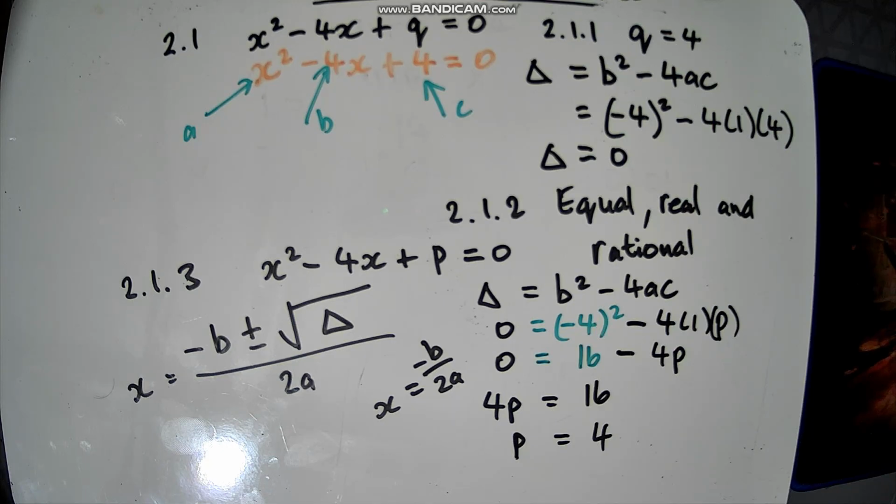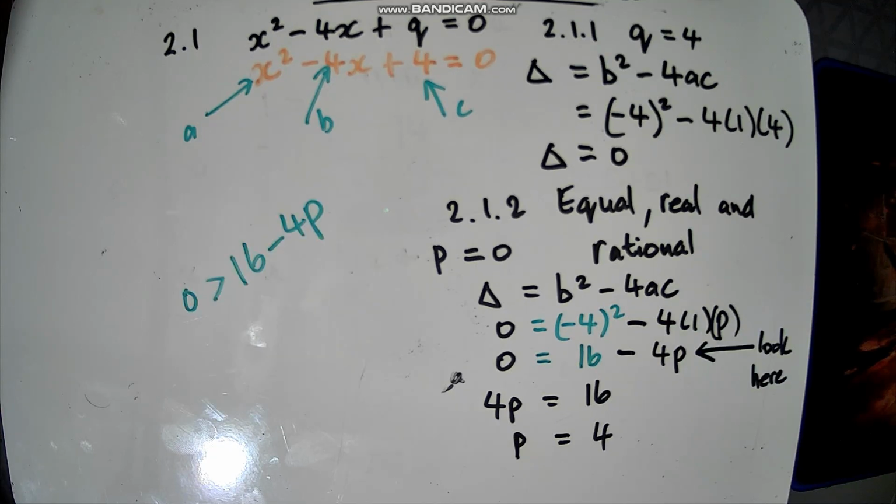Now, for us to get a negative under the square root sign, this would make this whole thing be non-real. So notice the question said non-real roots. So for us to get a negative under the square root sign, this means that delta must be less than 0. And so therefore, p is more than 4.